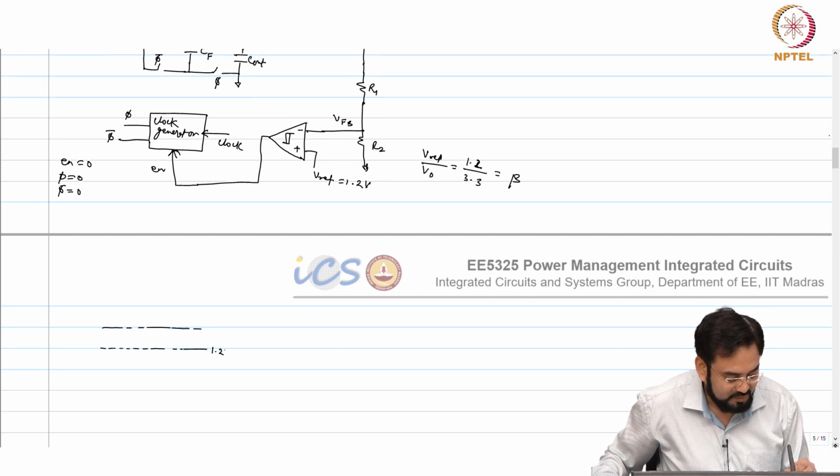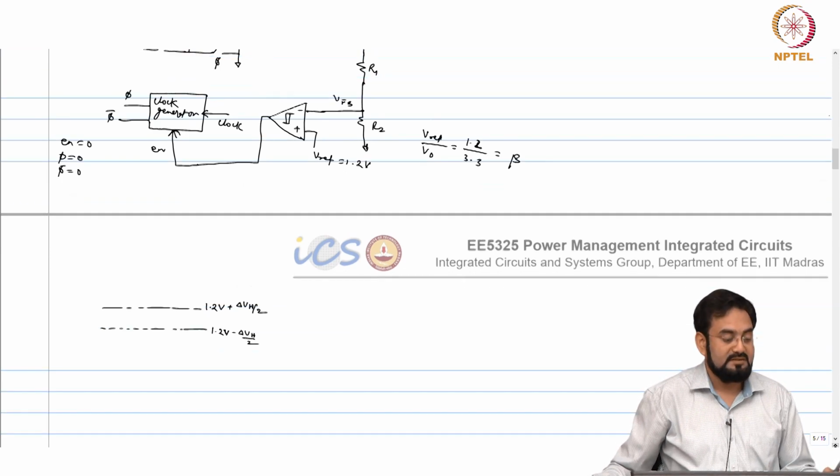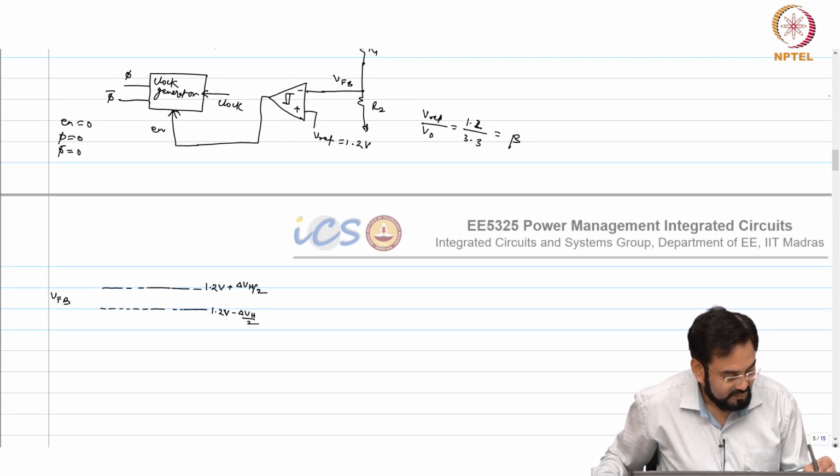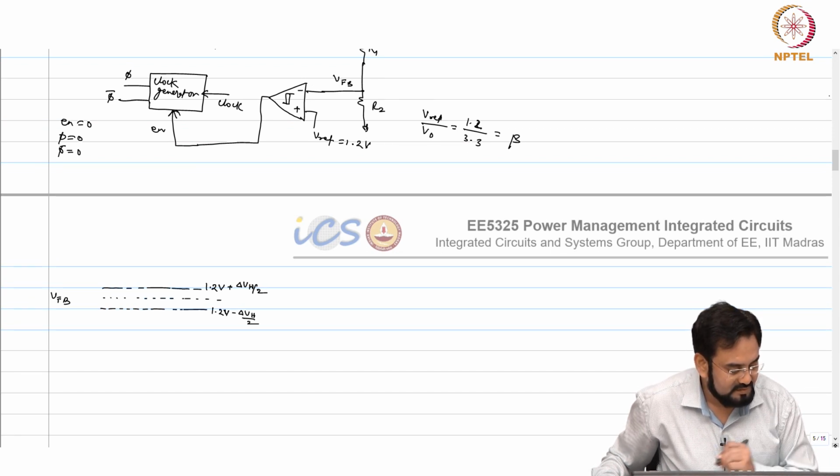So 1.2 volt minus, let us say, delta VH by 2 and 1.2 volt plus delta VH by 2. This is your VFB. Your average feedback voltage will be here.